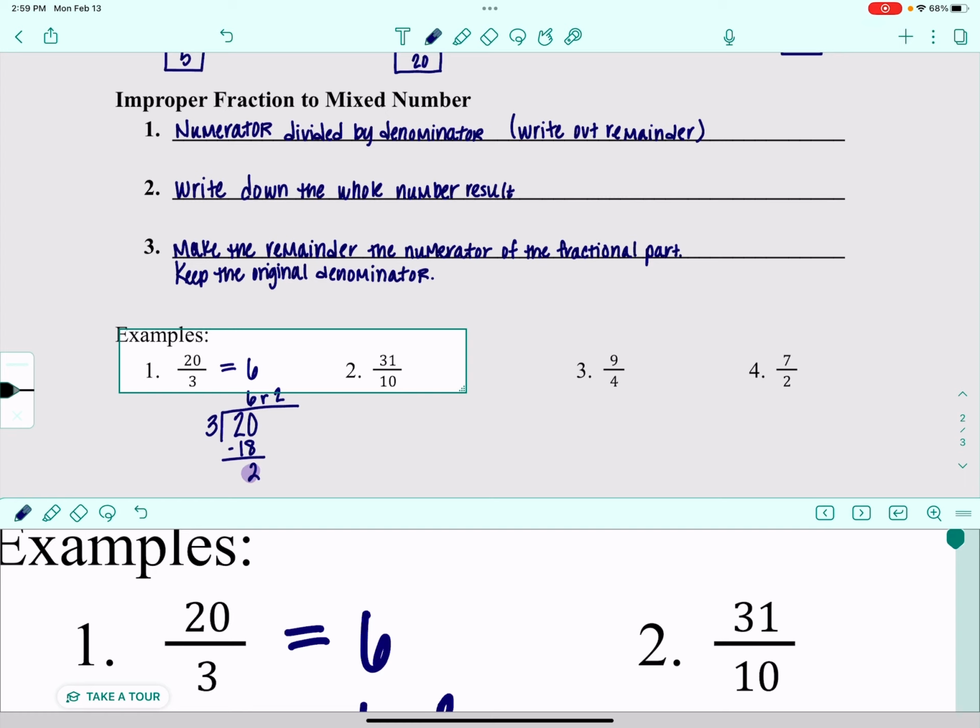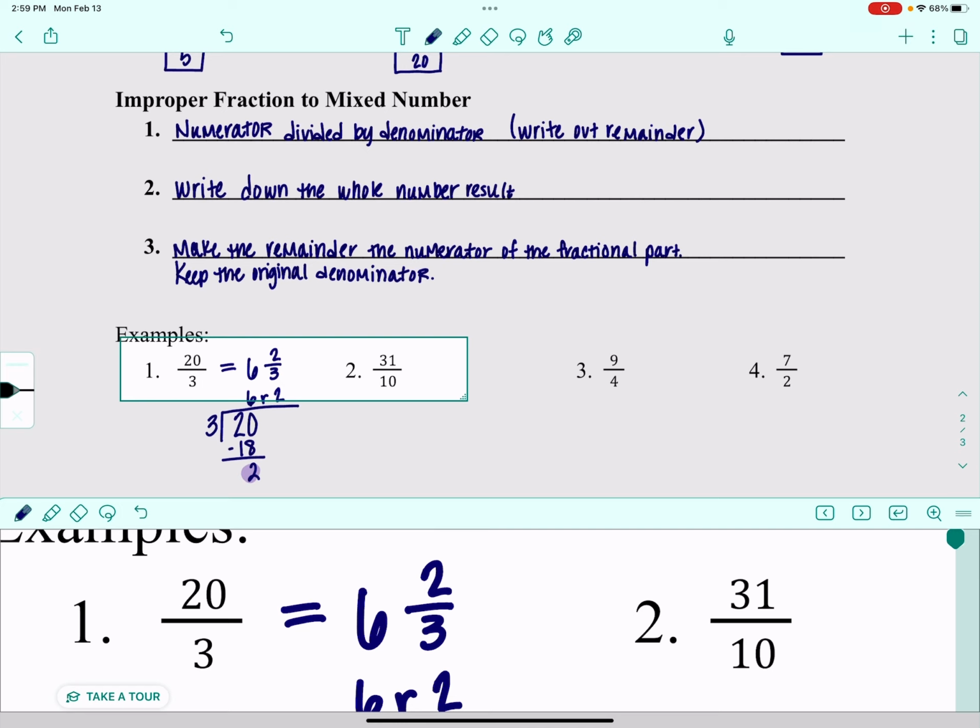I'm going to make the remainder the numerator of the fractional part and keep the original denominator. So I can write 20 divided by 3, or 20/3, as 6 2/3.